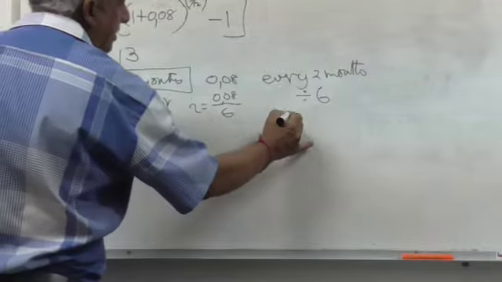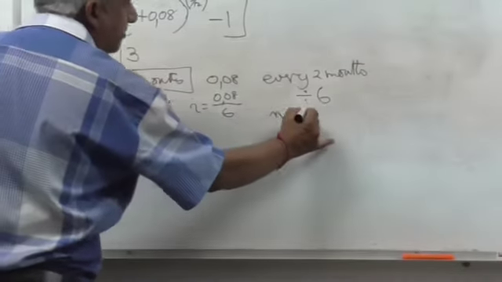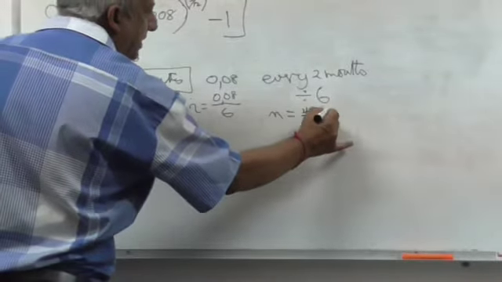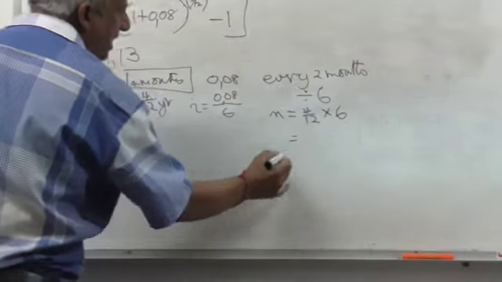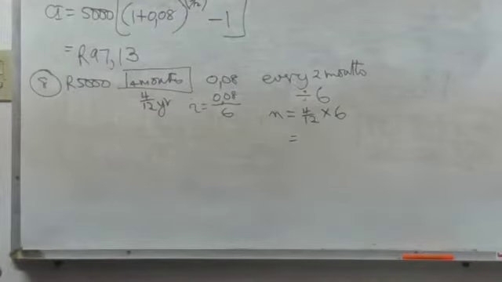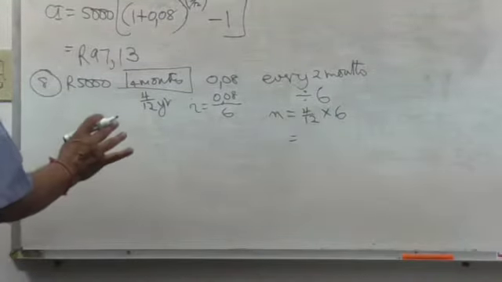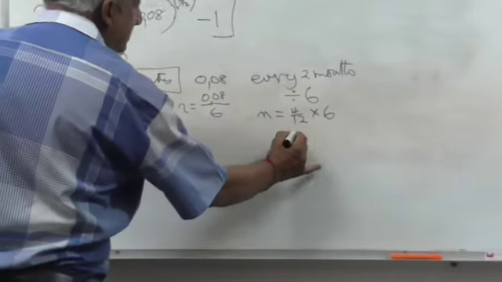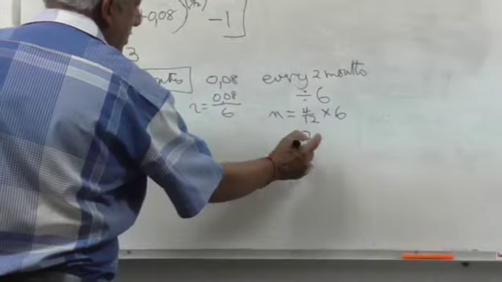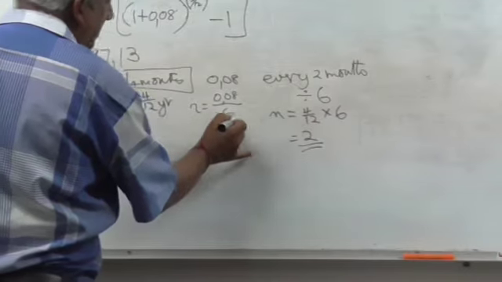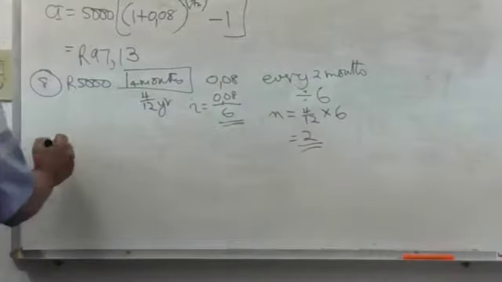The n, which is 4 over 12 times 6. You put that in the calculator. 4 over 12 times 6. When you put it in the calculator, you will end up with the answer 2. You will see this becomes 2. So put that in the formula.